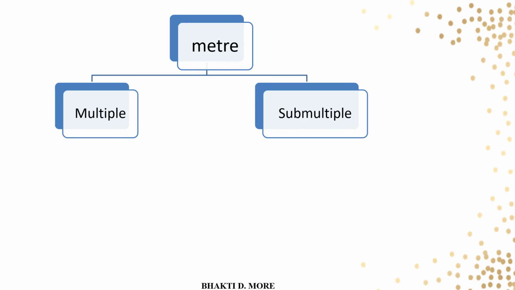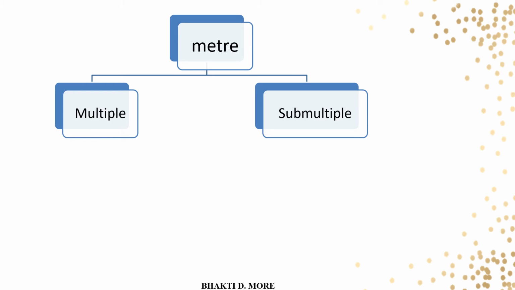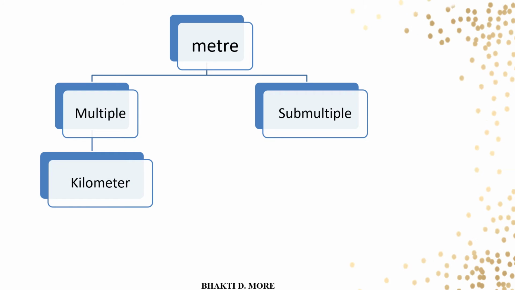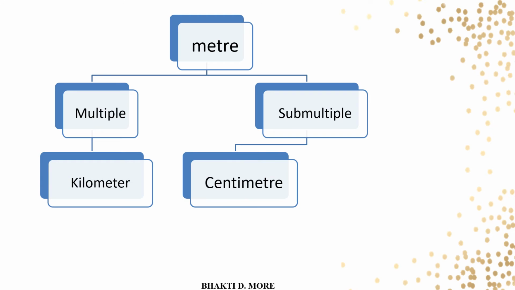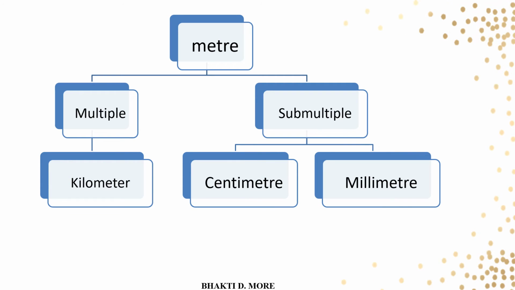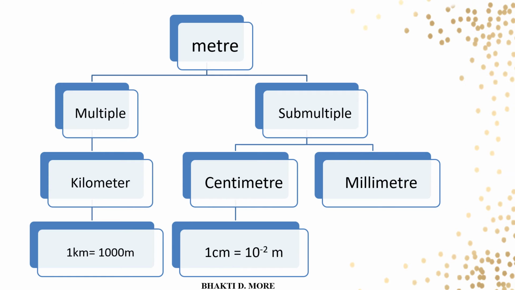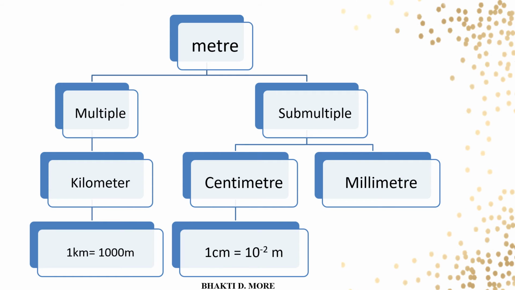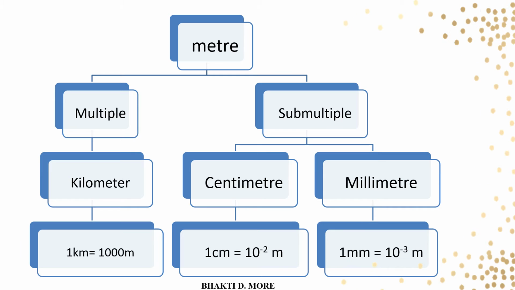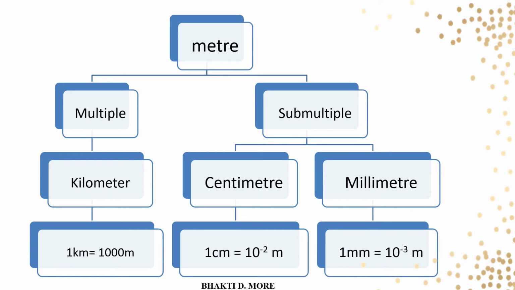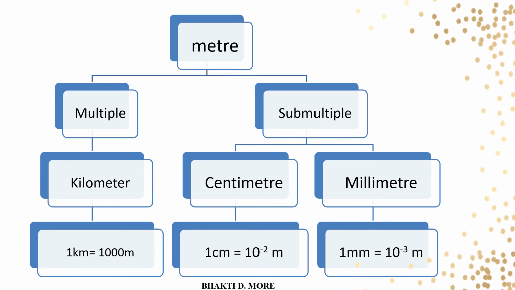A meter is divided into multiples and submultiples. A multiple is a kilometer while submultiples are the centimeter and millimeter. So 1 kilometer is equal to 1000 meters, 1 centimeter is equal to 10 raised to minus 2 meter, and 1 millimeter is equal to 10 raised to minus 3 meter.